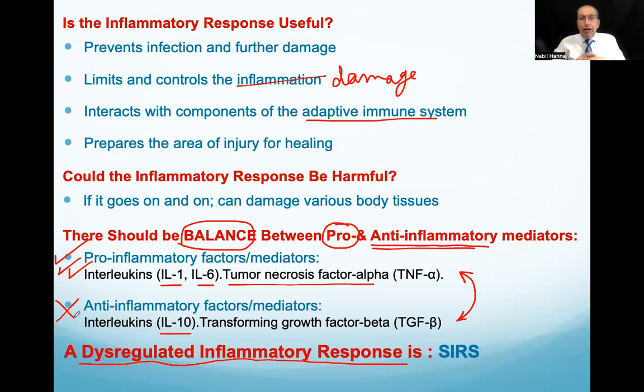Then your inflammatory response will go wild, and all your tissues will become red, hot, tender, swollen, and you lose their functions. And we call this SIRS, or systemic inflammatory response syndrome. And this SIRS, if not managed properly, will lead to multiple organ dysfunction syndrome, or MODS.